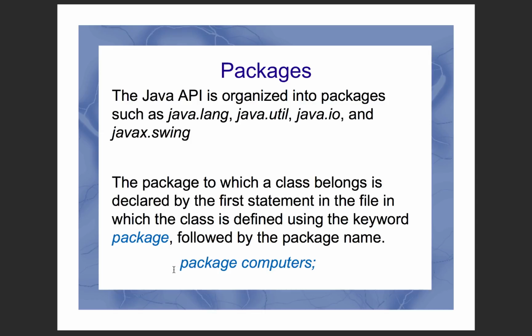Package is a keyword, and computers is your package name. You can keep any name for your package, following some conventions, rules and regulations. It should be similar to the variable name conventions.